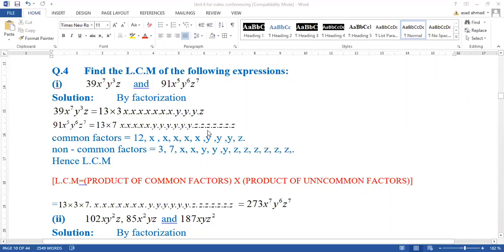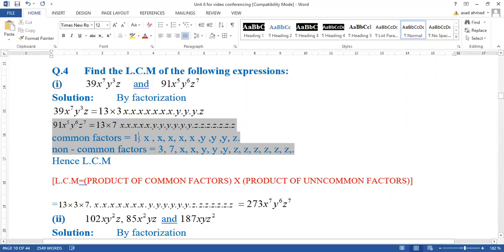Then the first task is that we have to take out the common factors. So for that, we will see what is common. The common part written here, I would say 13 should be here. This is written as 12, in fact, this is 13.